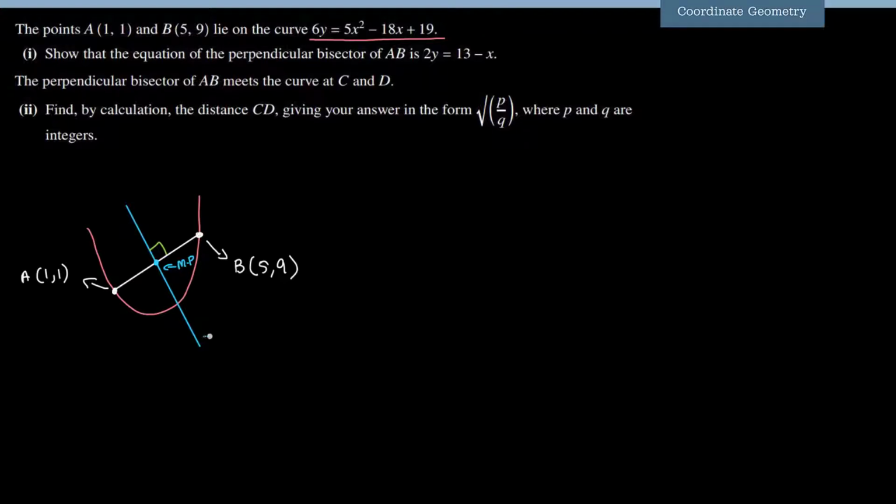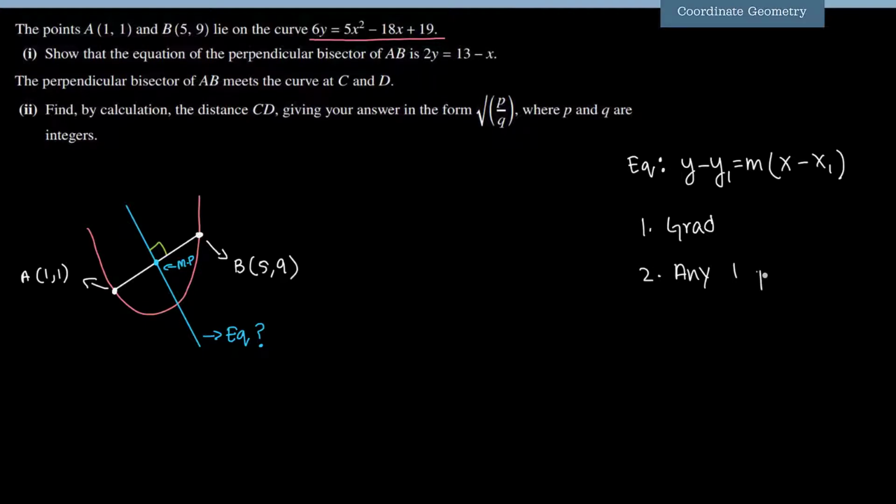Now I need to find the equation of the perpendicular bisector. I am going to find the equation using the formula y minus y1 is equal to m times x minus x1. In order to use this formula, I need to know two things. The first is the gradient of the line and the second is any one point whose x coordinate and y coordinate are known, that is present on the line.